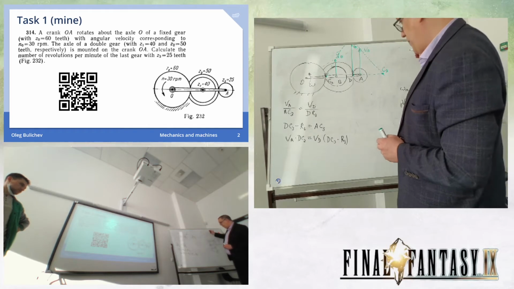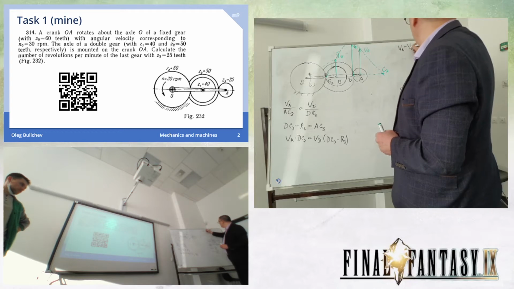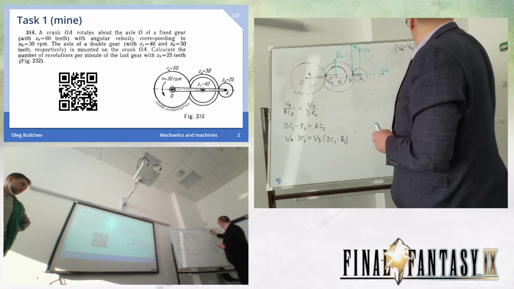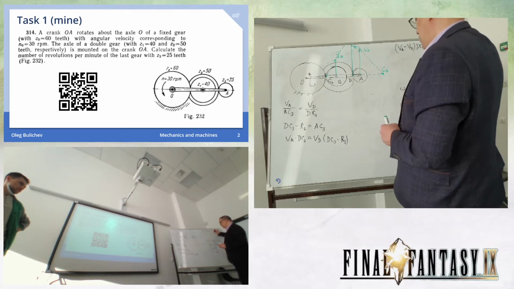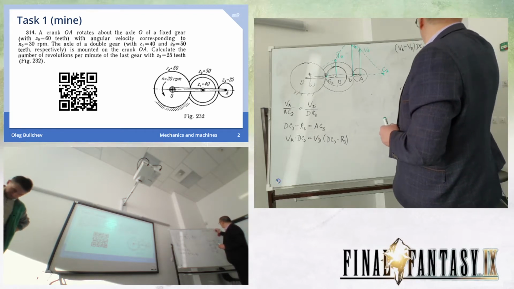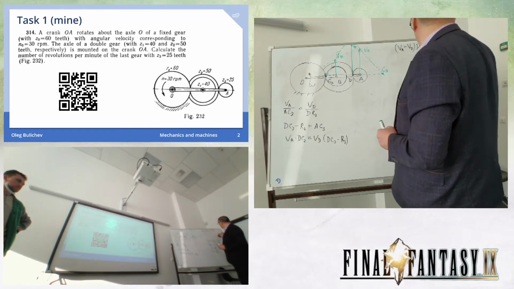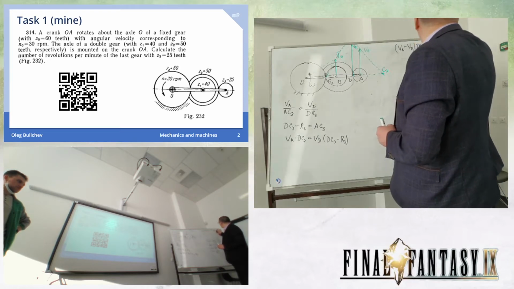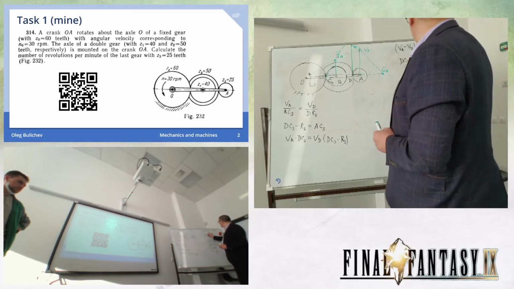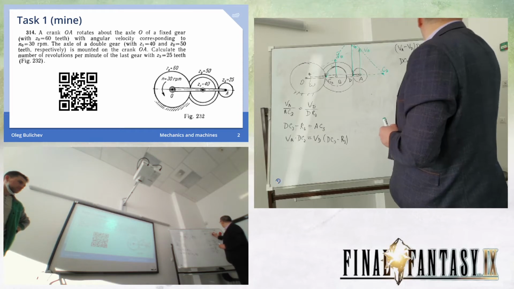This is here VA minus VD times DC3 is equal to minus VD times R3, and DC3 is minus VD R3 over VA minus VD.